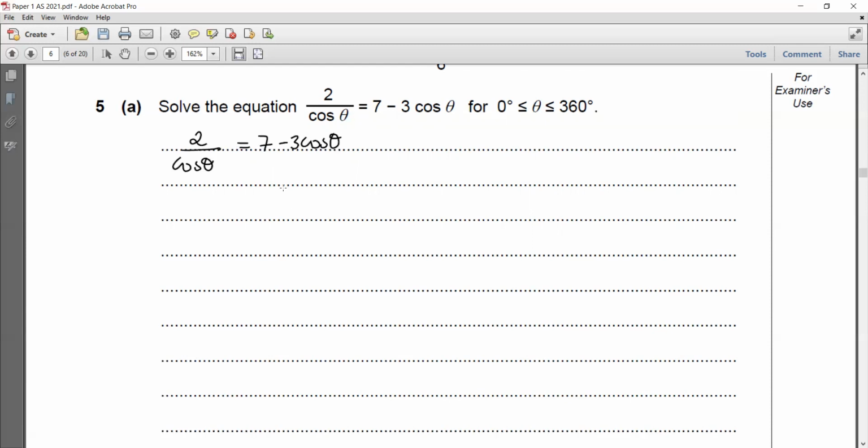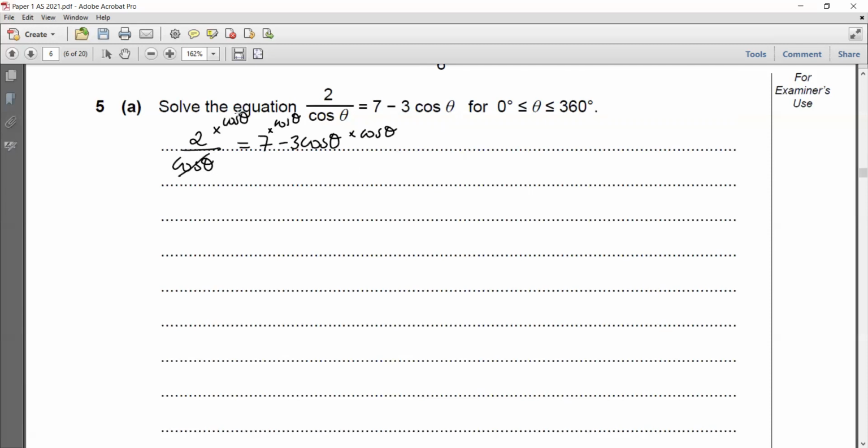So as usual, when we have fractions, we always try and multiply the denominators out so we don't have any fractions, and then what we end up with is something that is easier to work with. So to get rid of this cos theta in the denominator, I'm going to multiply everything by cos theta. So this one times cos theta, and then this one times cos theta.